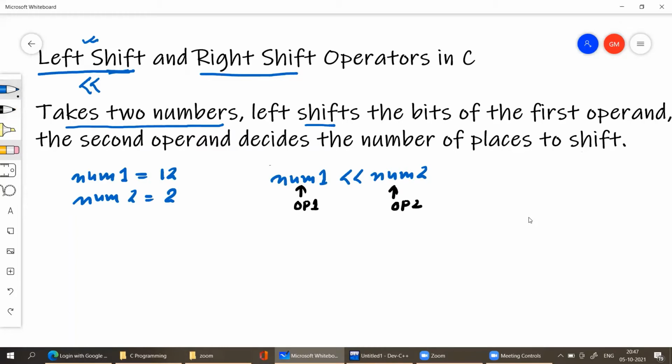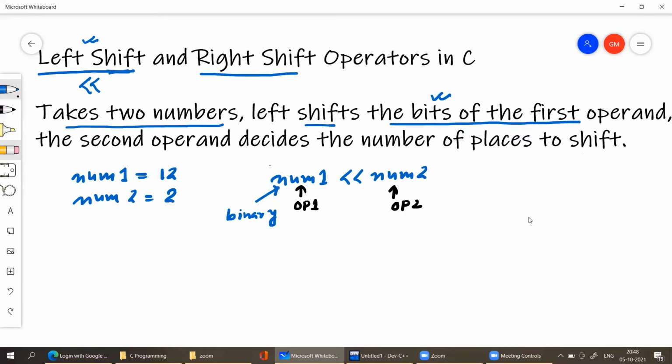So what is it saying? It left shifts the bits of the first operand. It means I need to convert operand 1 into binary first. In the last lecture we found that bitwise operators work with binary numbers. Then only we can get the bits of the first operand.